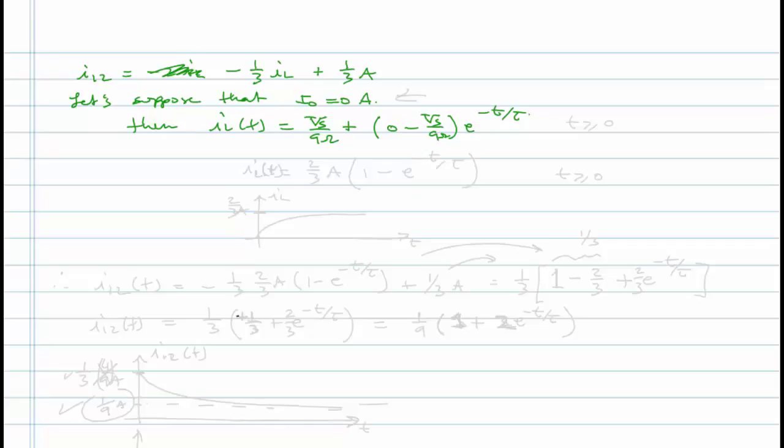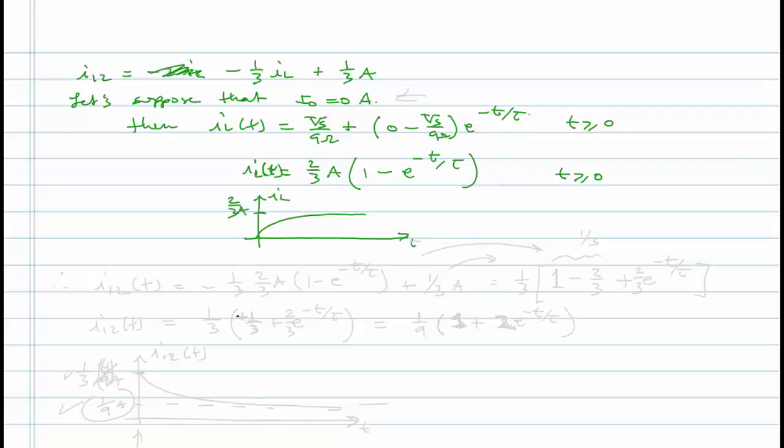So we have 2/3 of an amp times 1 minus e to the minus t over tau. And this is for t greater than or equal to 0. Okay, so I just plugged in some numbers there. Once we defined I naught, we could get a numerical response. So what does this IL look like? Again, it's going to start at 0, and it's going to go up to 2/3 of an amp.